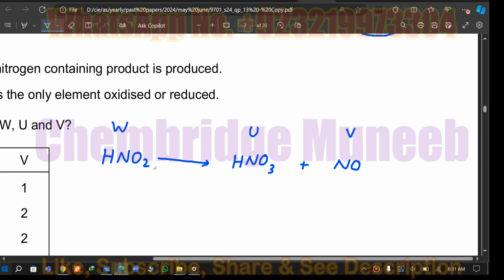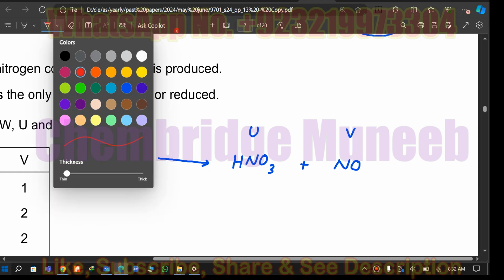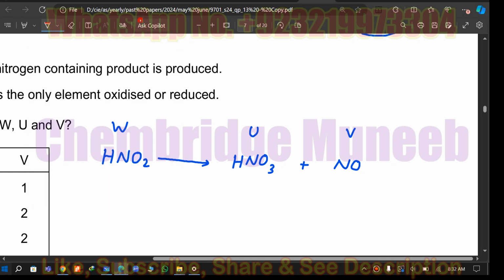Okay, now here we need to find the coefficients. Coefficients mean there is some kind of balancing here. This is an example of an oxidation reduction reaction, which means we need to consider the electrons being lost and gained here. So how do we know where the electrons are being lost and where the electrons are being gained? For this purpose, they said that it's just the nitrogen element which is showing the change in the oxidation number.